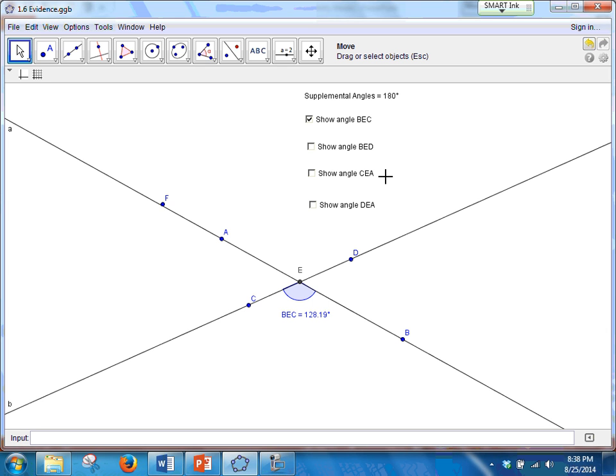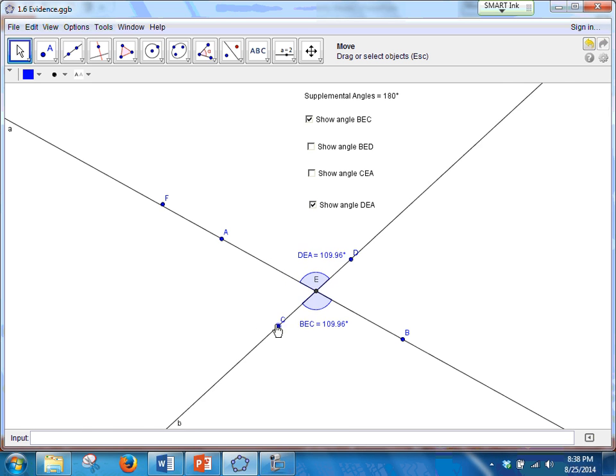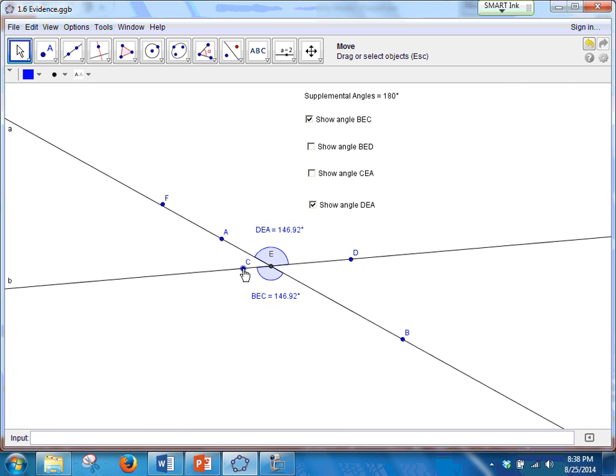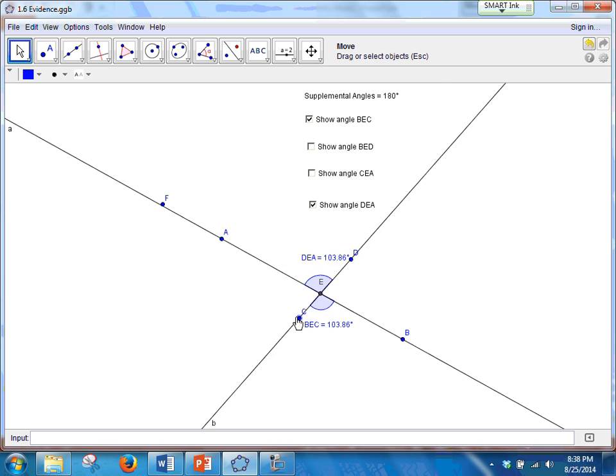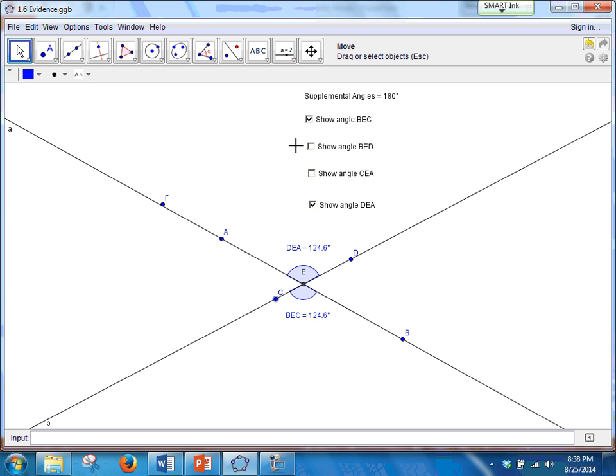Its vertical angle should be, hopefully you guys all said angle DEA, so I'm going to show that one, and notice what their degrees are. They're the exact same, 128.19. I can move all of these around. I can change it up, but anywhere I put it, those still stay the same. They're just in a different location, but they still stay the same degrees.